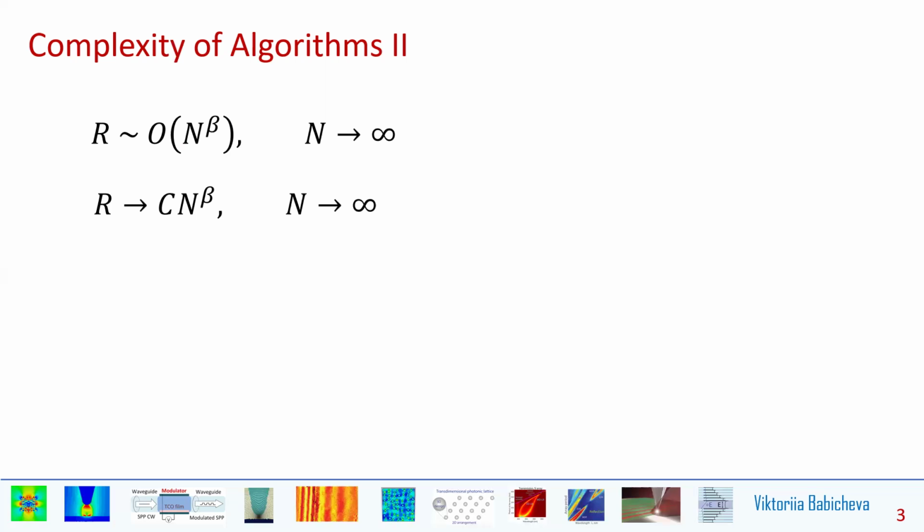When R refers to the CPU time, the constant C depends on the speed of the hardware and the detailed implementation of the algorithm. However, the complexity of the algorithm does not depend on constant C. One can see that the constant C is included separately as a multiplier.